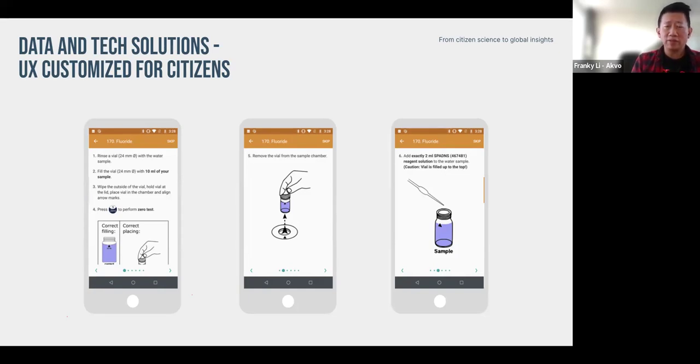We don't want them to go to the next step before waiting for the reagents to do their effect. And so by doing that, what we're essentially doing is helping for the actual procedure to be done correctly and for improving the results from the water quality testing. It's quite simple, but at the same time, we have found it to be useful in helping to have good quality results. Next slide.